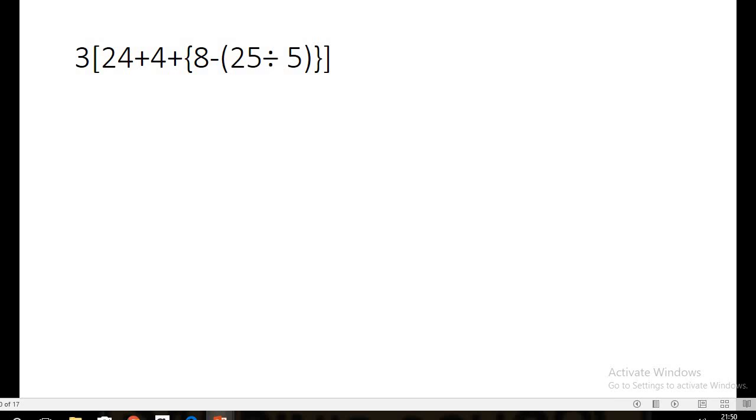In the next question we have the innermost bracket as 25 divided by 5. We will first solve the innermost bracket, that is the round bracket. So 25 divided by 5 gives us 5. Now the round bracket vanishes, and we have in the curly bracket 8 minus 5.